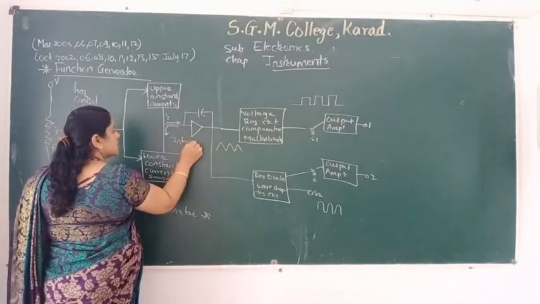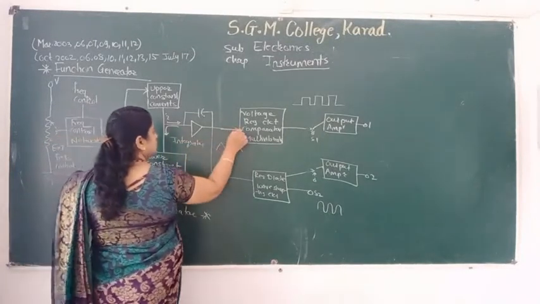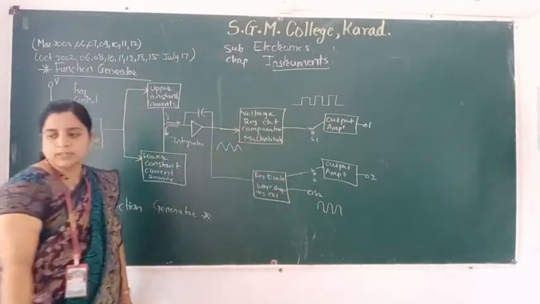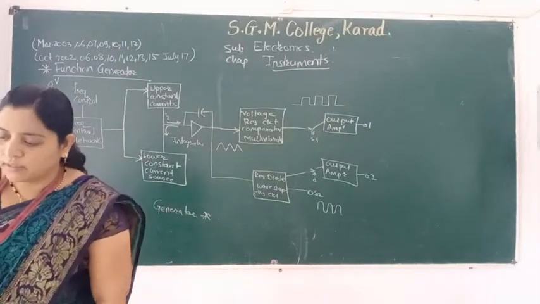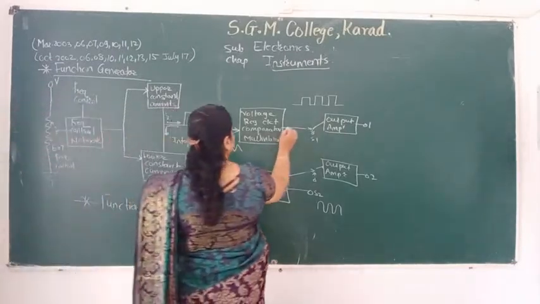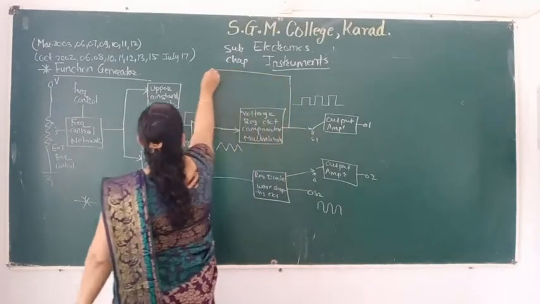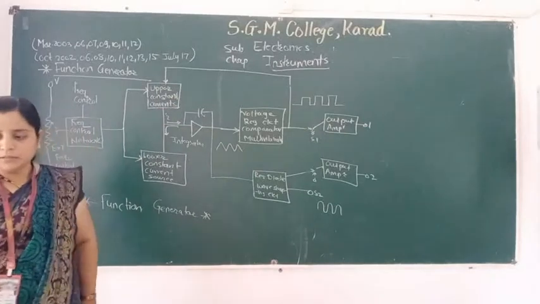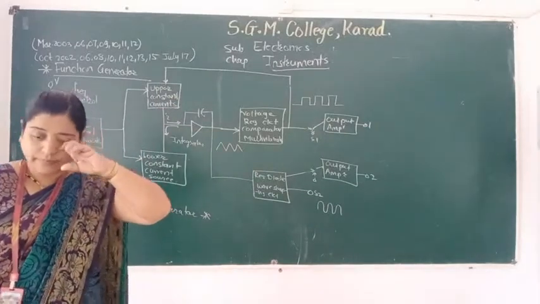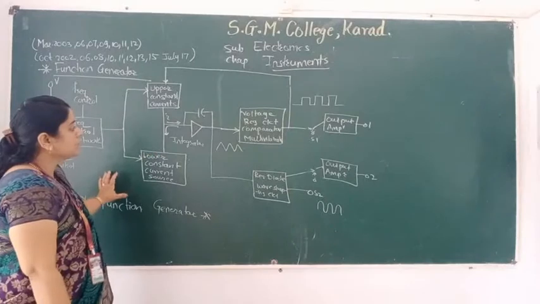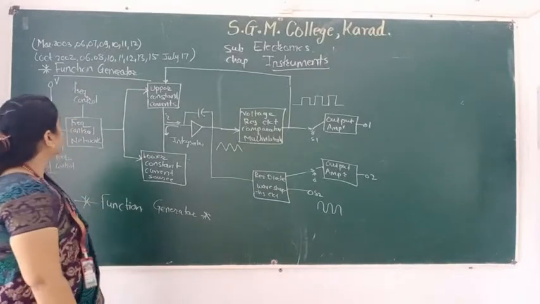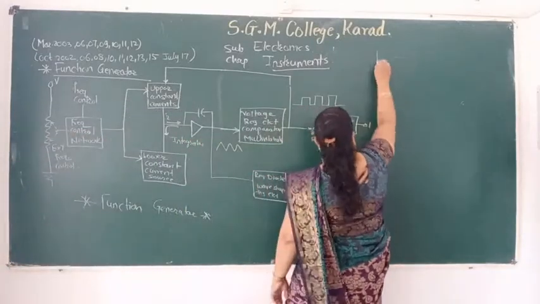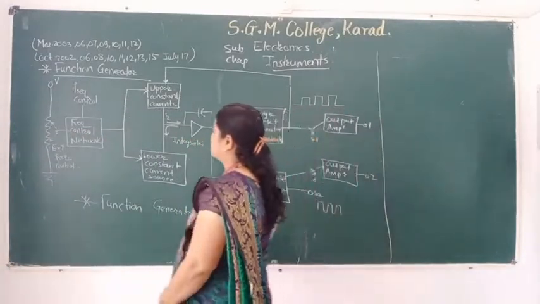This integrated circuit is given to the comparator circuit, and the comparator gives the two outputs, that is output 1 and output 2, and this comparator circuit is given to the upper constant current source. Okay, so this is the construction of the function generator.